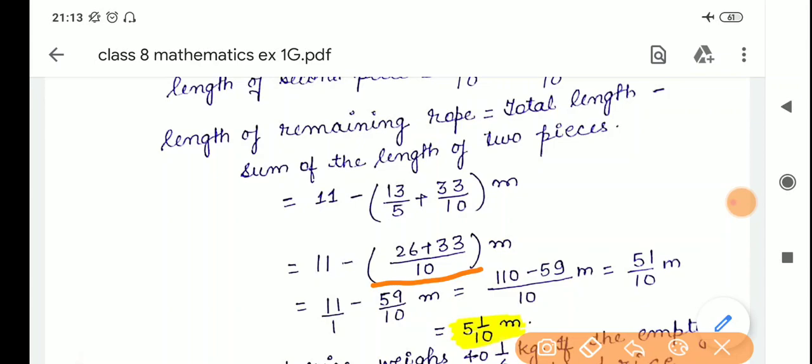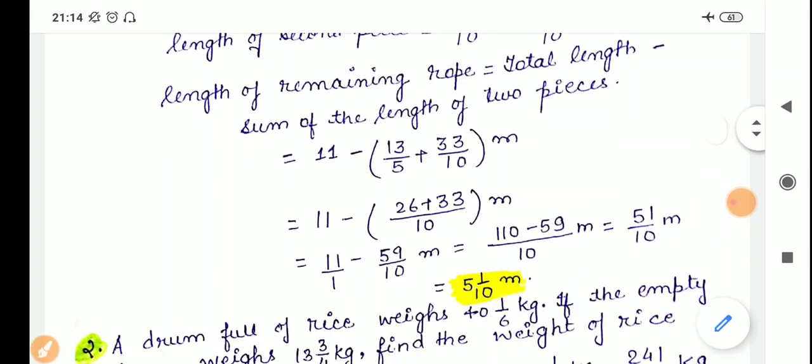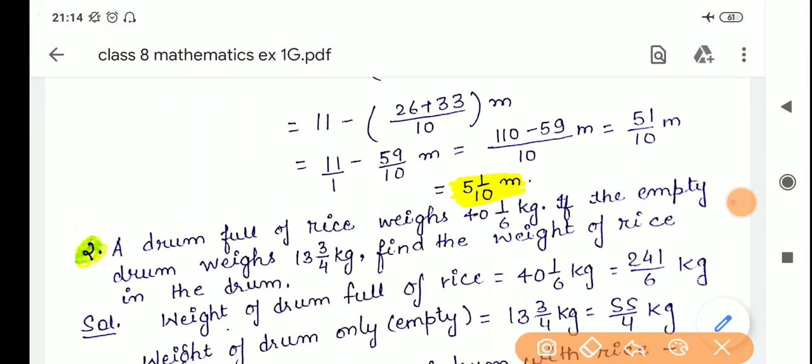Then 11 by 1 minus 59 by 10 meter, again taking the LCM, 10, 10 divided by 1 is 10, multiplied by 11 is 110 minus 59 meter. When we solve, the answer is 51 by 10 meter. If you want to write it in mixed fraction, the answer will be 5 complete 1 by 10 meter.